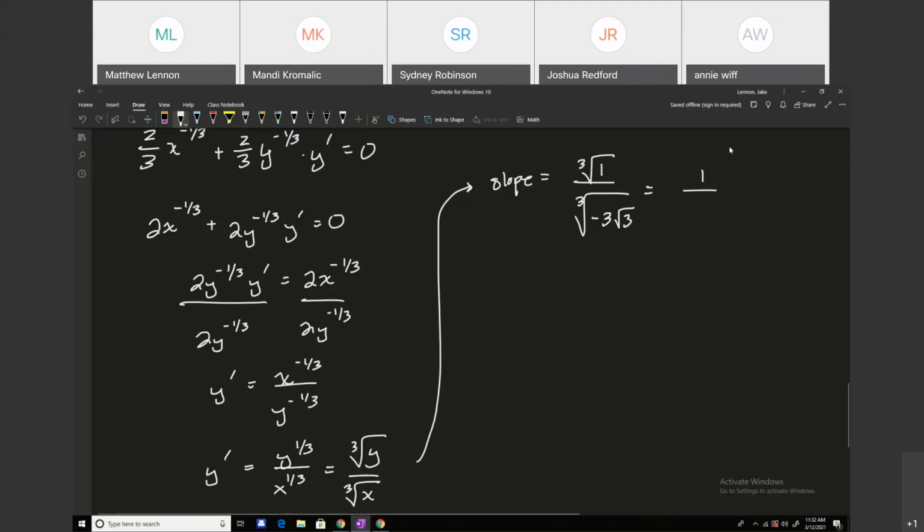I don't know. So we can write it as negative 1 over the cube root of 3 radical 3. And you could put the square inside, so this would be negative 1 over the cube root of the square root of 3 to the third. So the cube root of 3 to the third is 3. So I think we just have negative 1 over the square root of 3 as our slope. Or if you want, you could write it as negative radical 3 over 3.